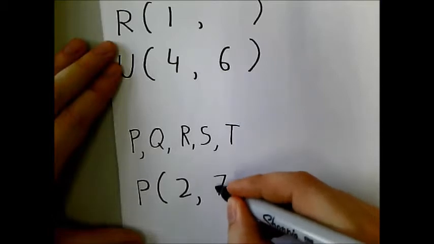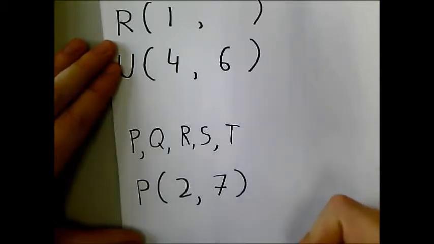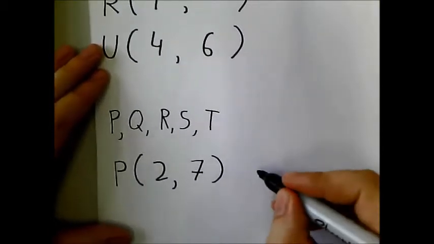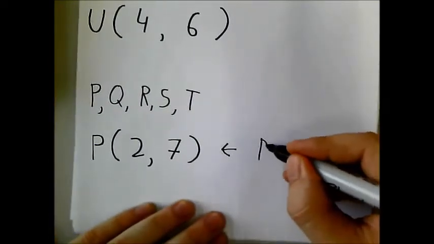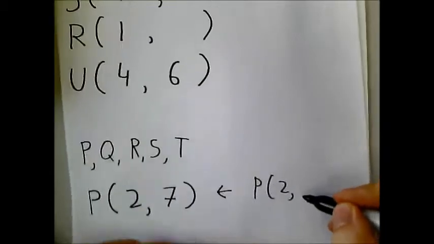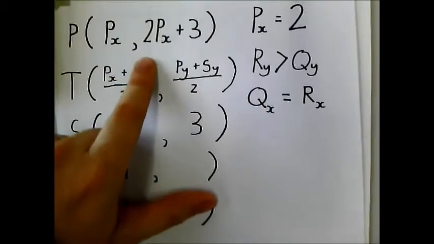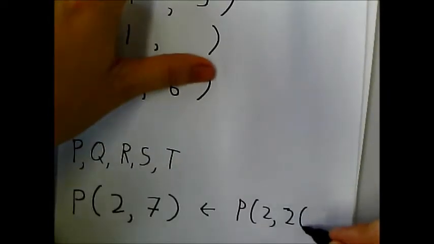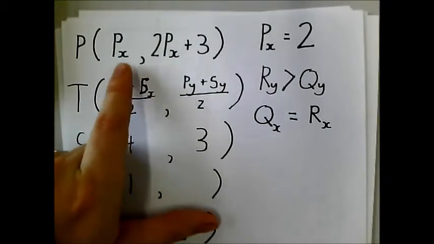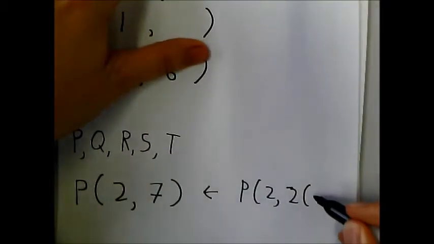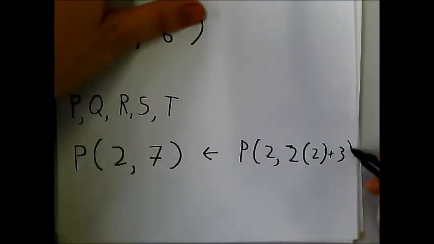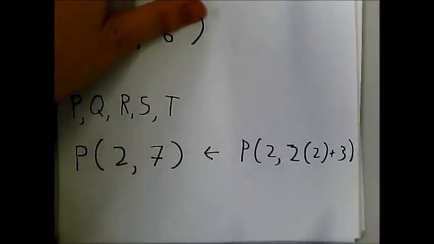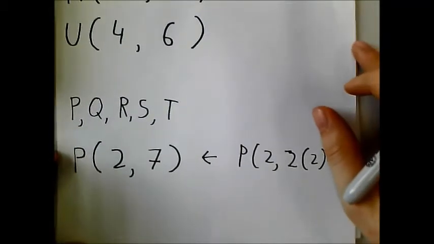So the coordinate P is 2, 7. An alternative way to look at that is 2 lots of whatever Px was, which we knew was 2, plus 3, and that evaluates to 7. Okay, so that's P done.